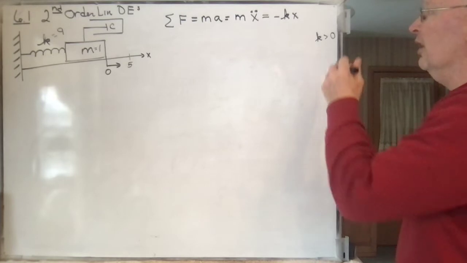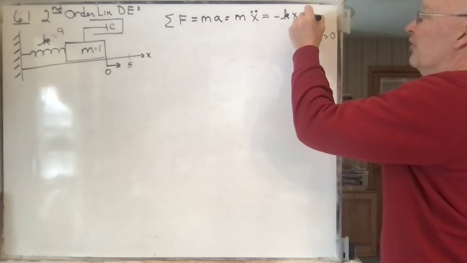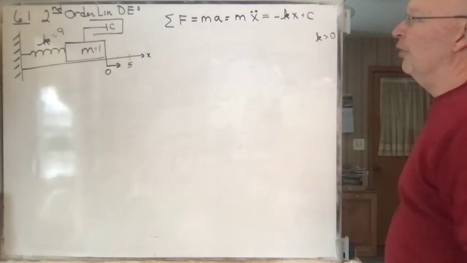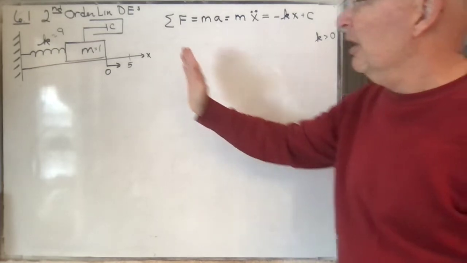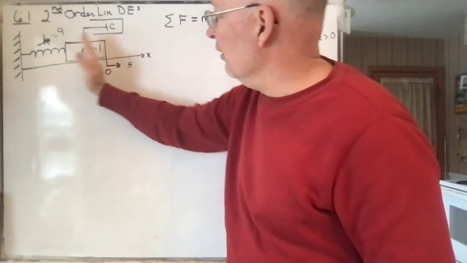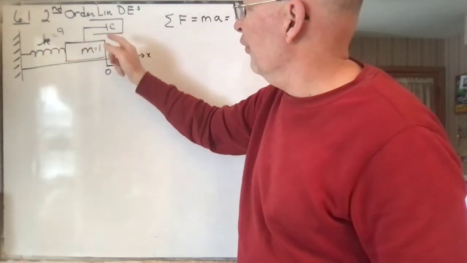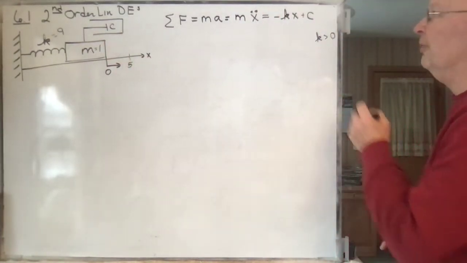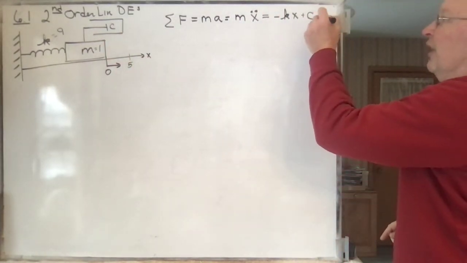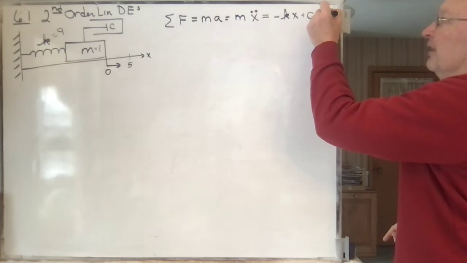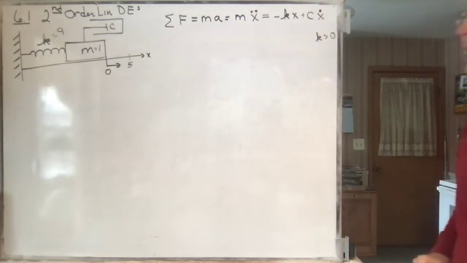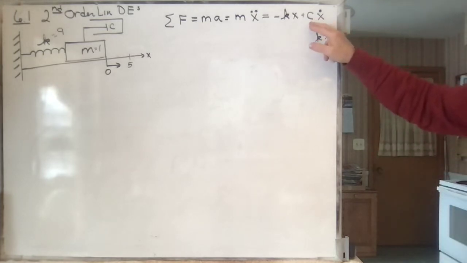And as is typically the case when you have something moving fairly slowly, the force due to friction is proportional to the speed. So here's your proportionality constant, and there's the speed right there, x prime. Okay? So now the only thing we have to worry about is, is this a positive or a negative?